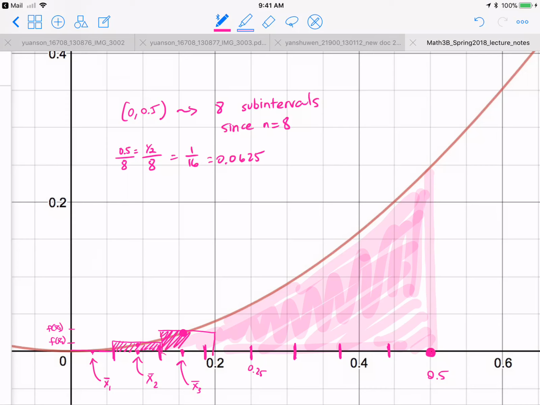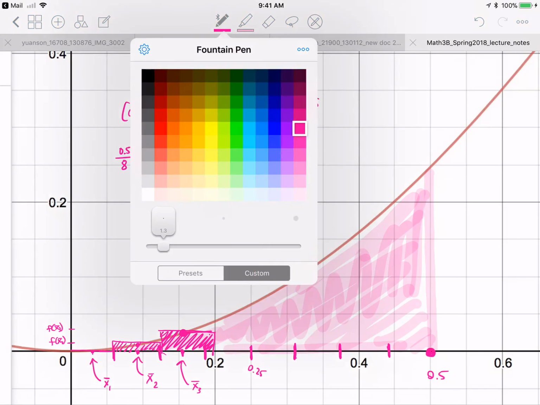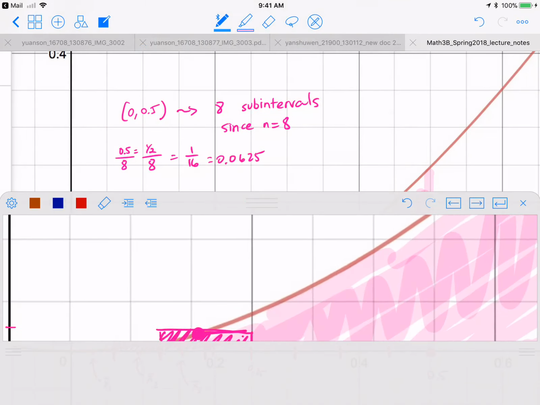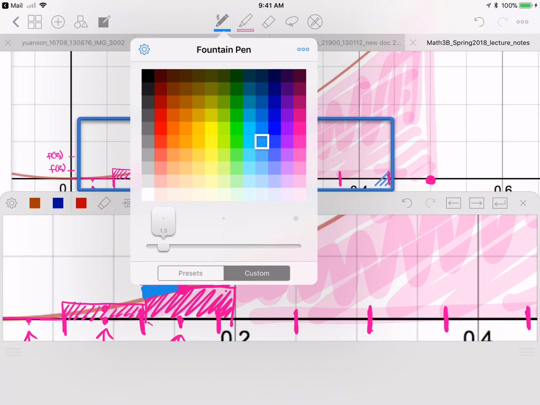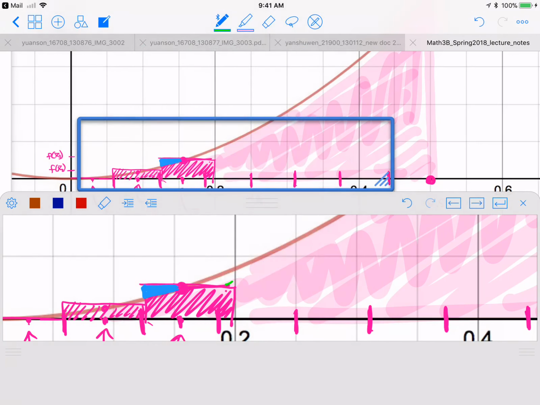So we're adding this. Notice that it's definitely going to be an approximation because we're including too much on one hand, and on the other hand, we're not including enough. Like this right here is included in our estimation, but we didn't include this. Do you see how we're underestimating by not including this green part?